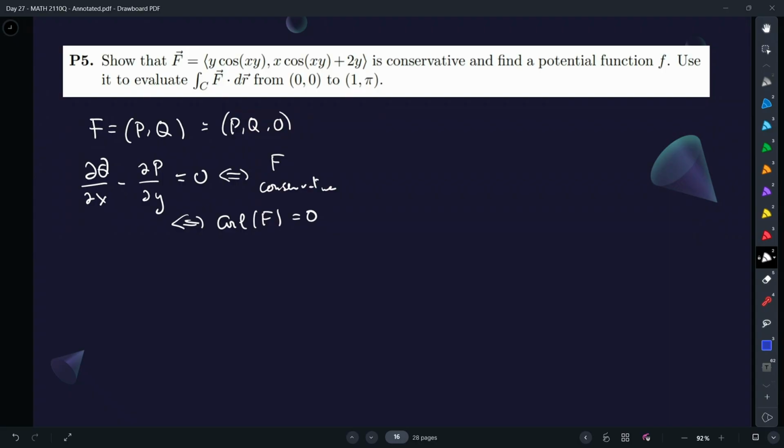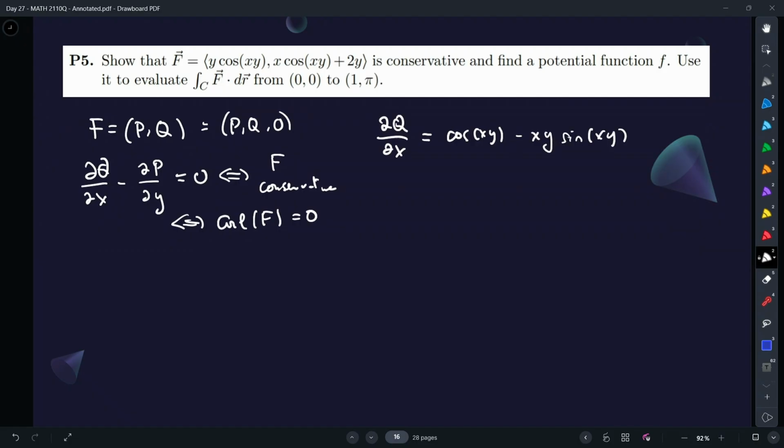So let's just double check what's happening here in terms of derivatives. What is the derivative with respect to x of Q? Q is here, and the derivative with respect to x is the derivative of x cosine xy, the derivative of x times cosine xy plus x times the derivative of cosine xy. So it's actually minus.